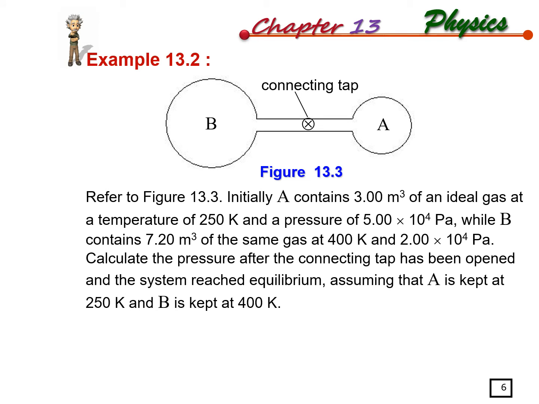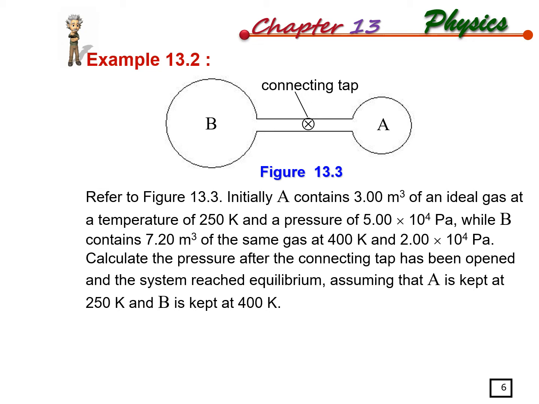For example 13.2, you have a connecting tap between vessel B and A. Refer to figure 13.3. Initially, A contains 3 cubic meters of an ideal gas at temperature 250 Kelvin and pressure 5 times 10 to the power of 4 Pascal, while B contains 7.2 cubic meters of the same gas at 400 Kelvin and 2 times 10 to the power of 4 Pascal.